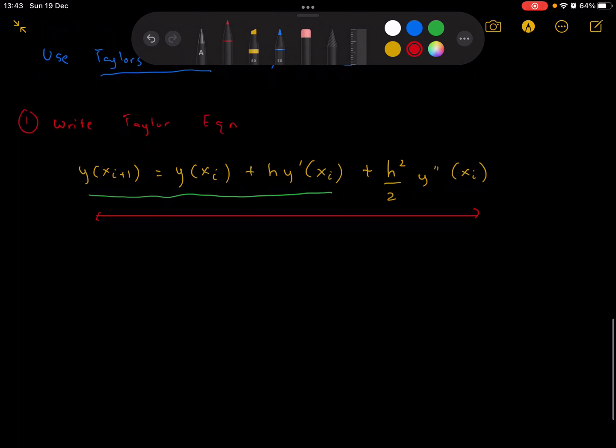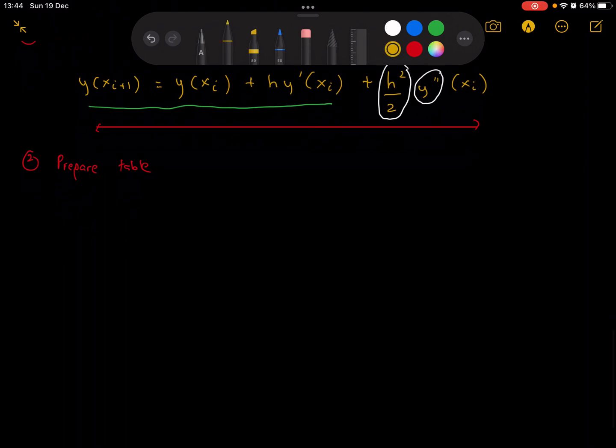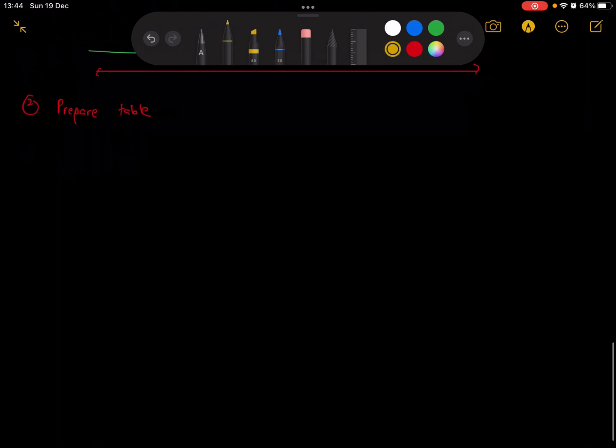Alright, next we prepare the table. If you can see, if we compare to the Euler's equation, we have two additional terms here, which are h squared over 2 and y double prime. This is the additional information that we need to put in our table. So the table is almost the same as Euler's method.